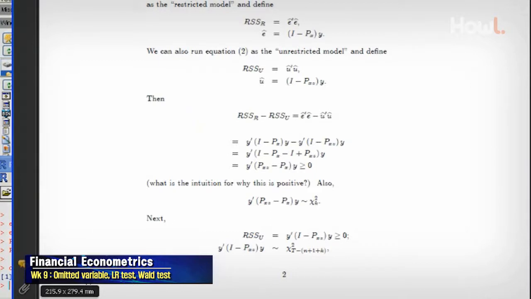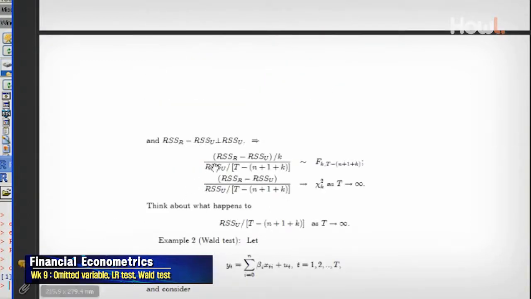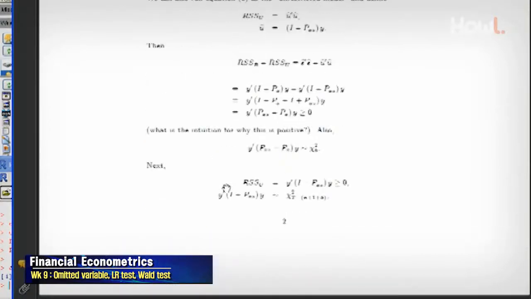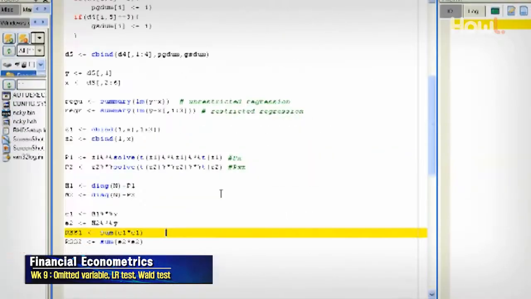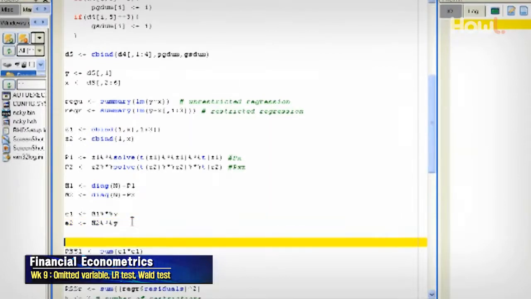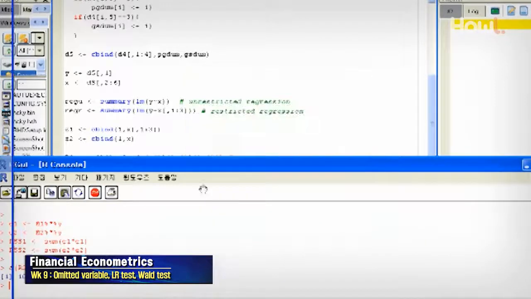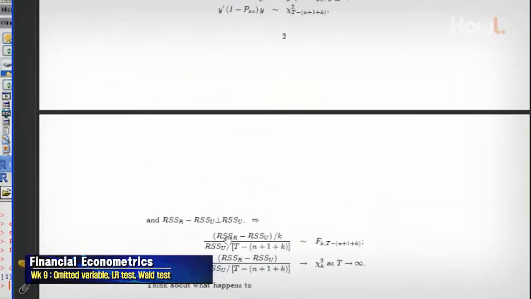So basically now let's implement this formula in an alternative way. F2, so basically the first element is RSSR minus RSSU.